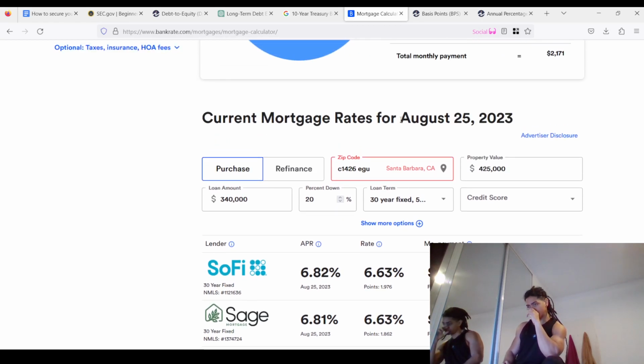Current mortgage rates, loan amount, property value.